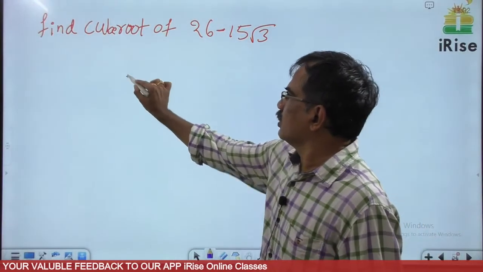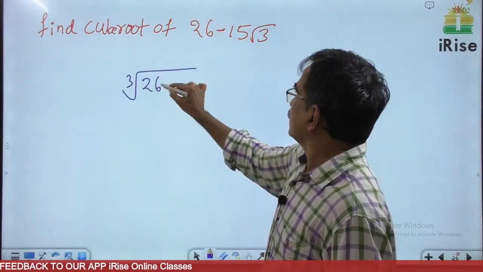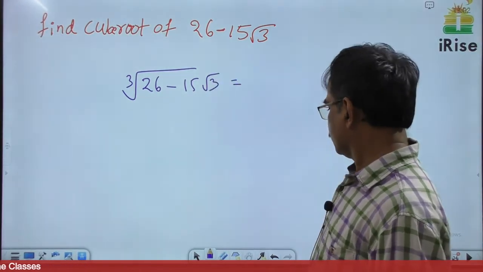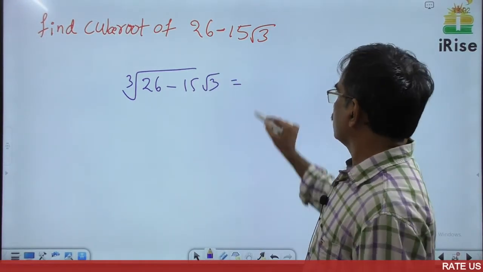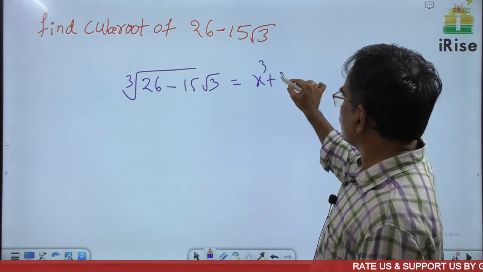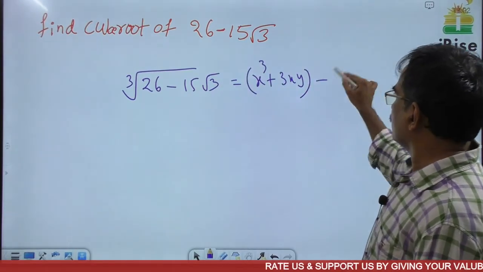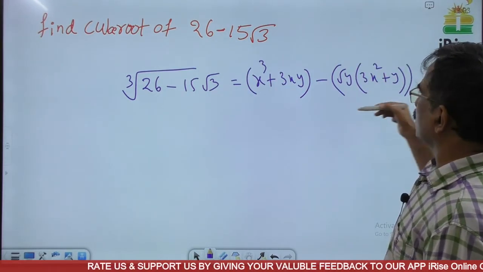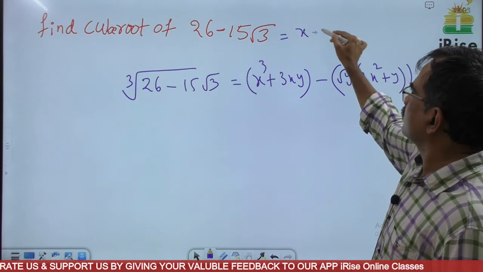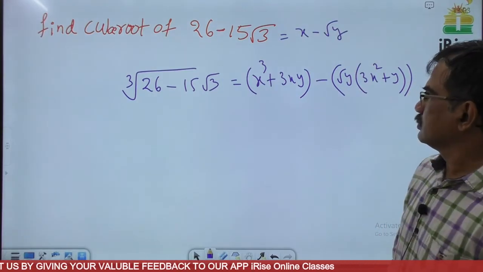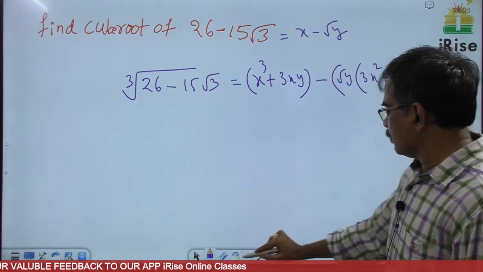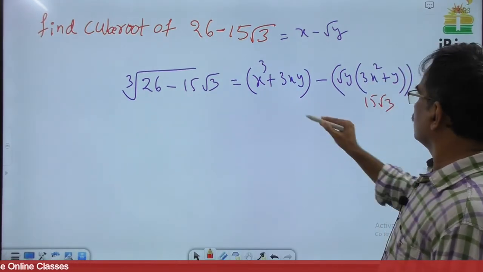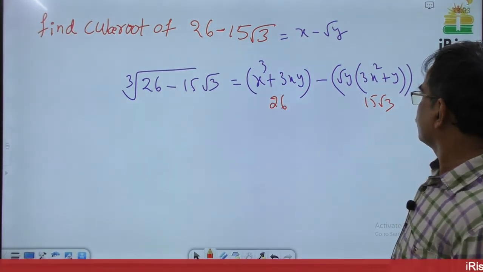Find the cube root of 26 minus 15 root 3. What I have told, this can be written as x cube plus 3xy the rational part, and root y into 3x square plus y the irrational part, if you consider this as x minus root y. So I want to compare this with 15 root 3 and this with 26.